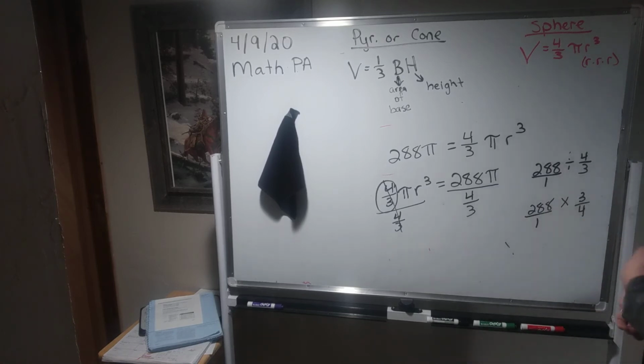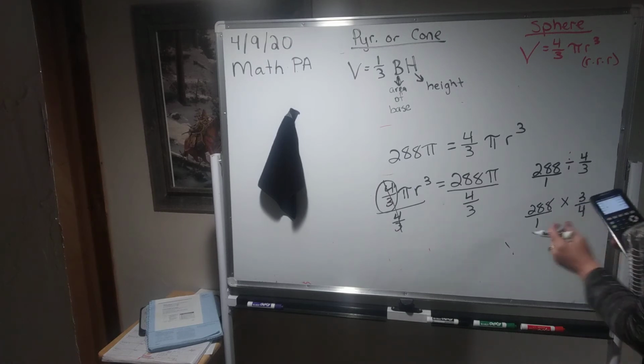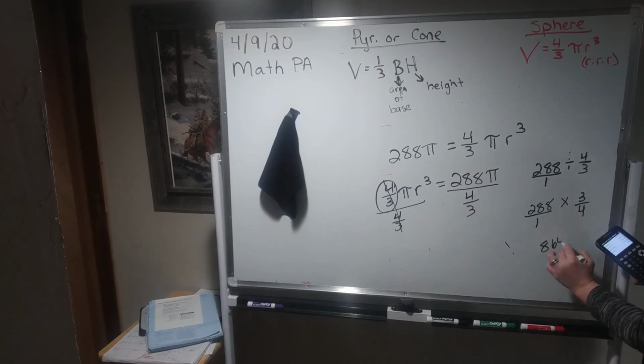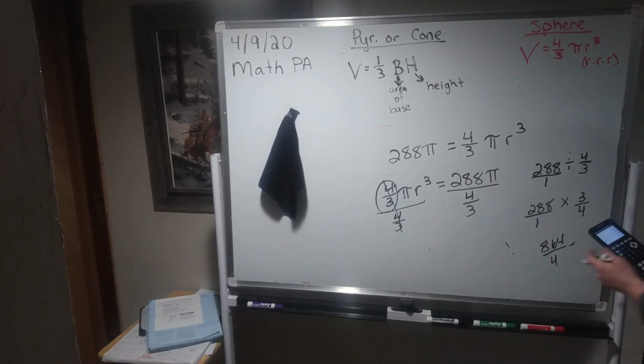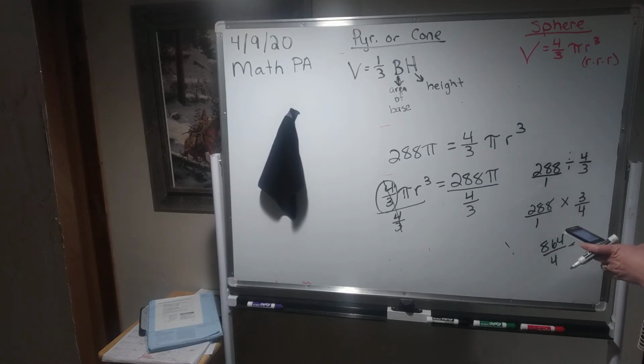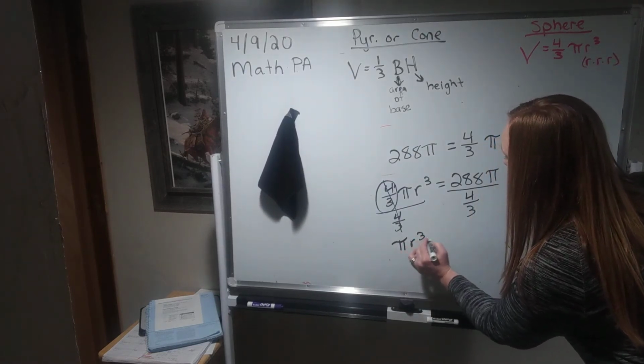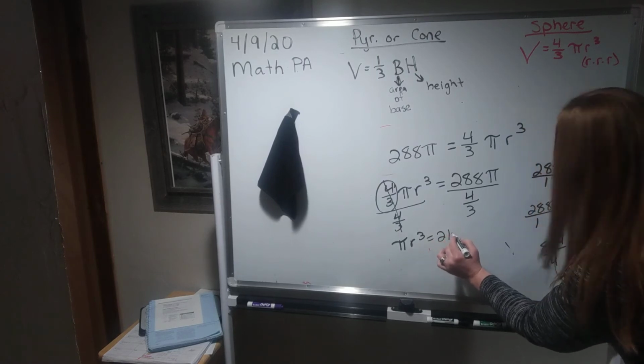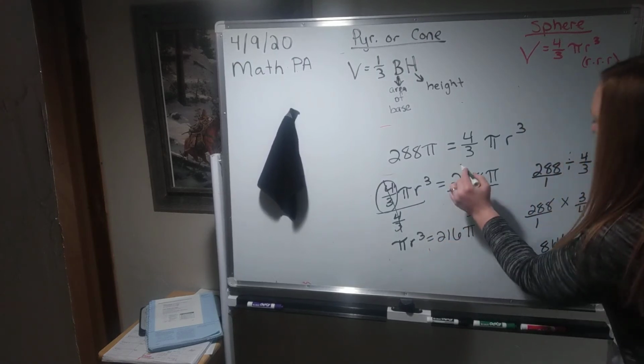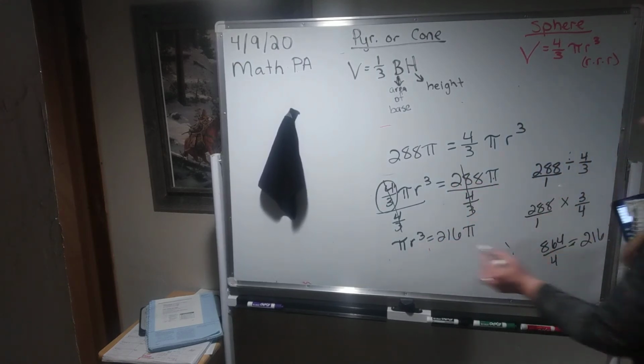Let me solve that. 288 times 3, so I get 864 over 4. Let me finish that up: 216. So now I have pi r cubed equals 216 pi.